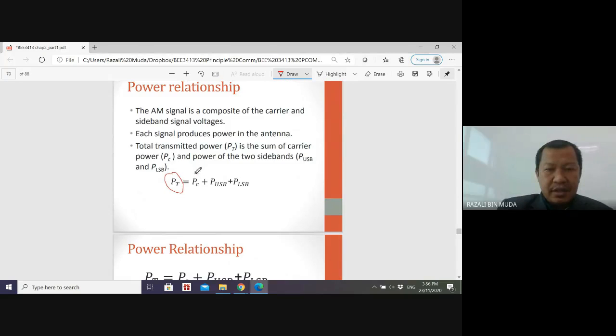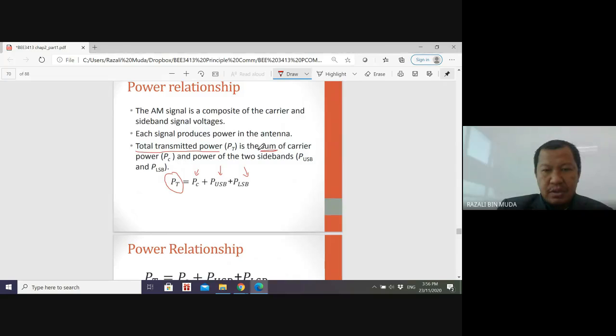Carrier, upper, and lower sideband. Each of these, carrier, upper and lower, produces power in the antenna. So total transmitted power is the total.